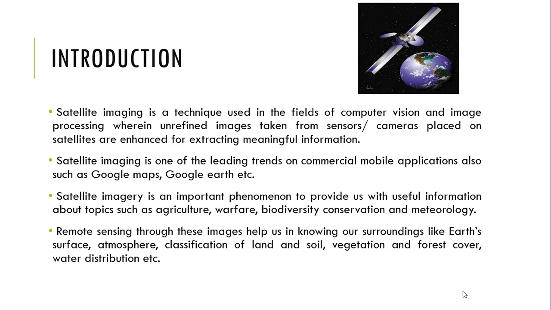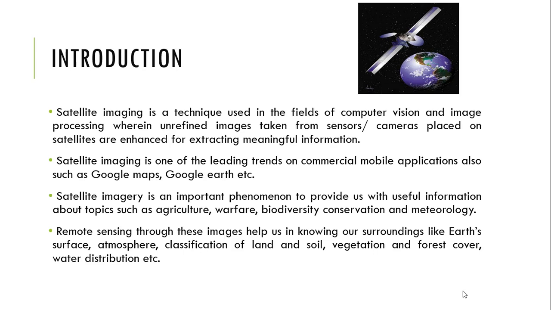So starting with the introduction, satellite imaging is a technique that is used in the field of computer vision where we take unrefined images from the sensors or the cameras that are placed on the satellites and then we enhance them for extracting meaningful information.